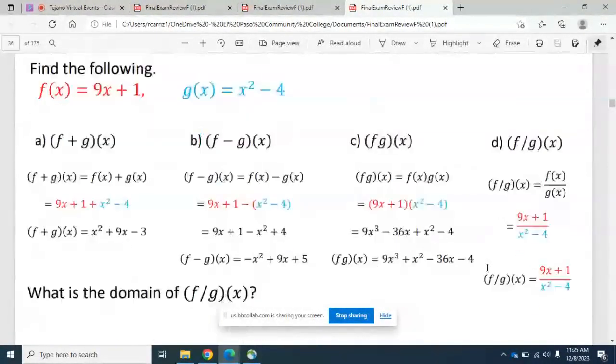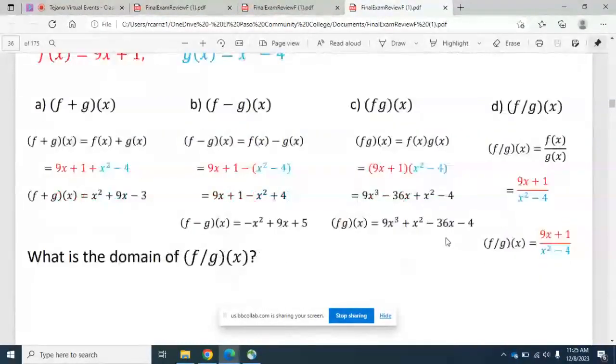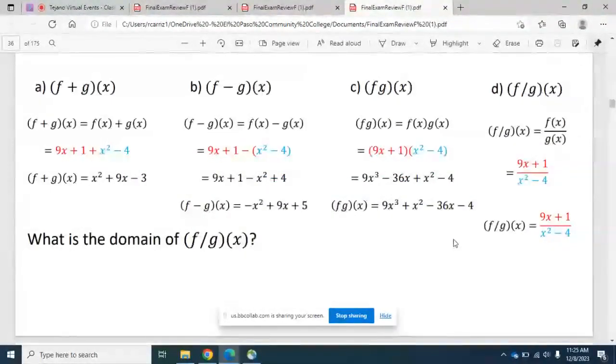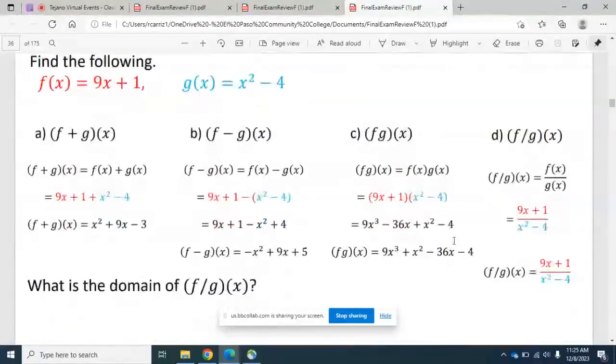All right. So one of the things that you might be asked again on your final, because you were asked on your homework, is that they'll ask us, what is the domain of our answer of f divided by g of x? The reason they're asking us on this one is because since we have a fraction, we never want the denominator to be equal to 0, right?